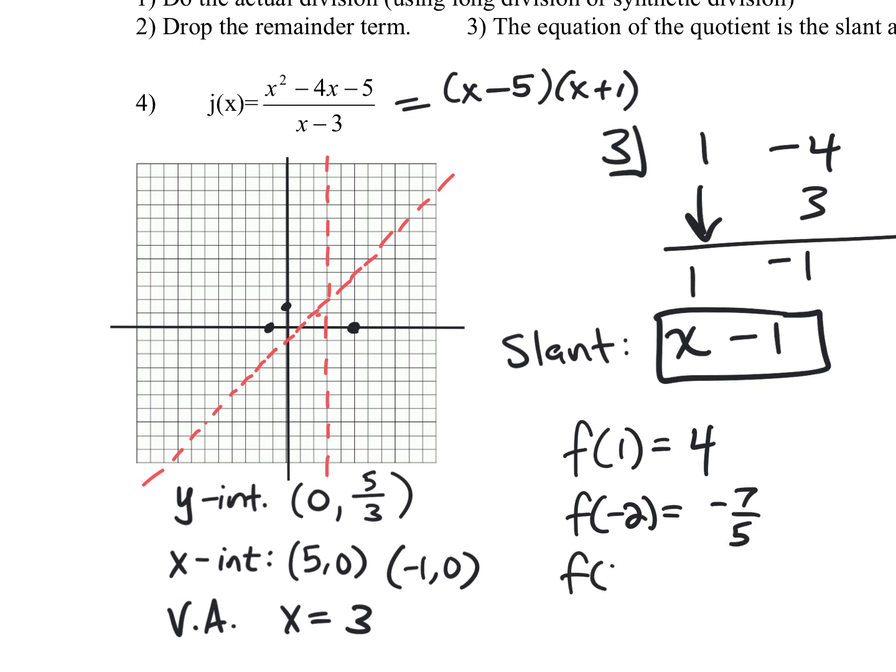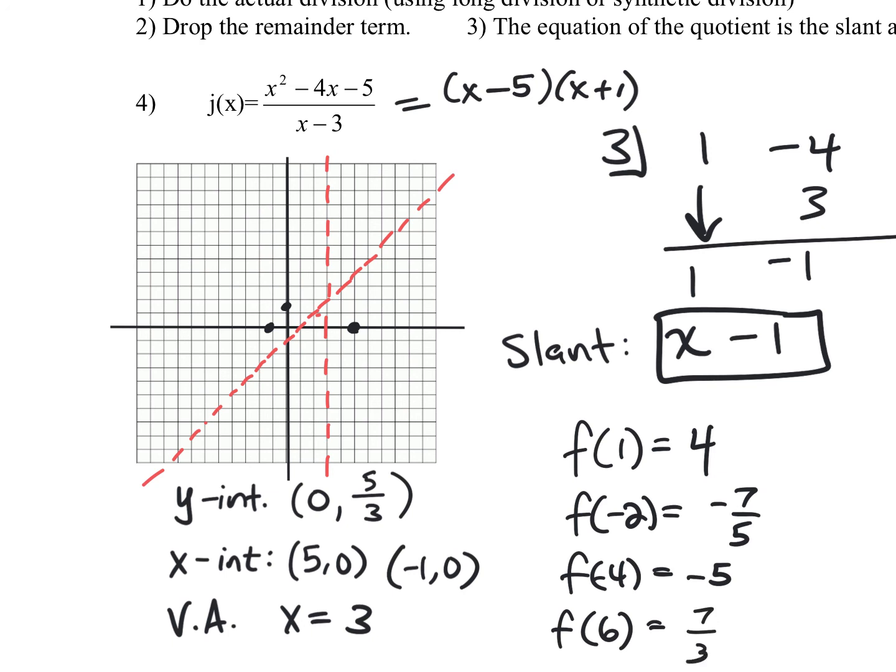And then just to make sure we have the general shape, I'm going to evaluate 2 more points when x is 4 and when x is 6. I'll get -5. Sorry, that should be -4. And when x is 6, y is 7/3.